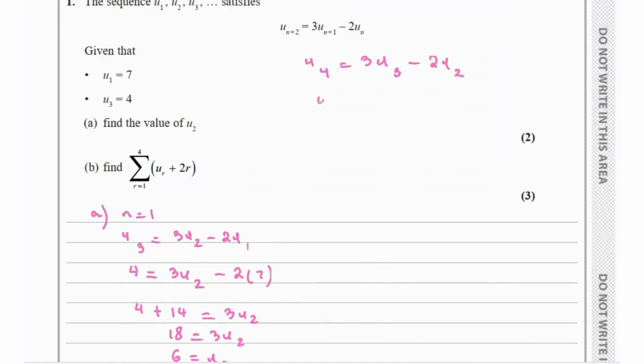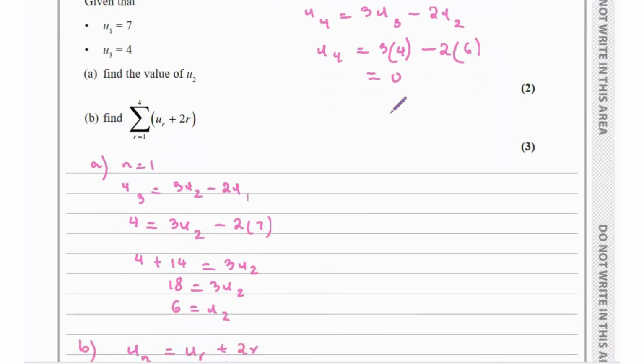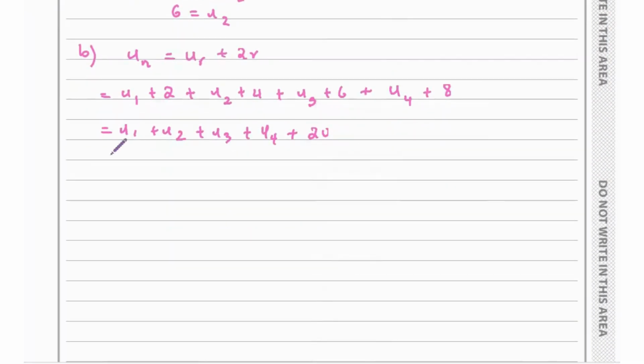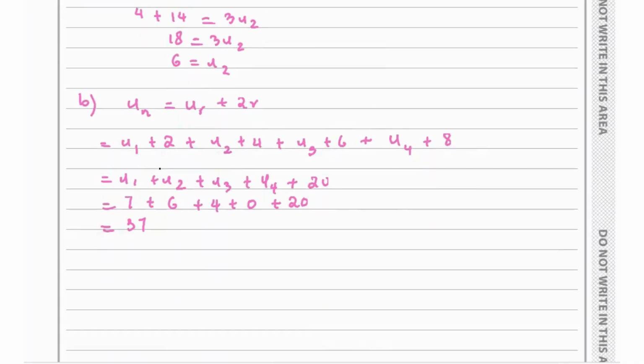That's 3 times 4 minus 2 times 6, which equals 0. So over here, U1 is replaced by 7, U2 by 6, U3 is 4, and U4 is 0. Add it up, and that gives you a value of 37. That's your answer.